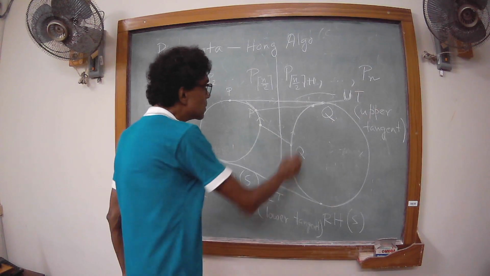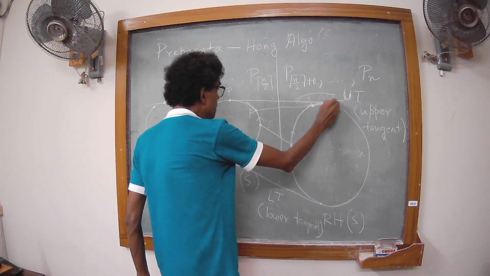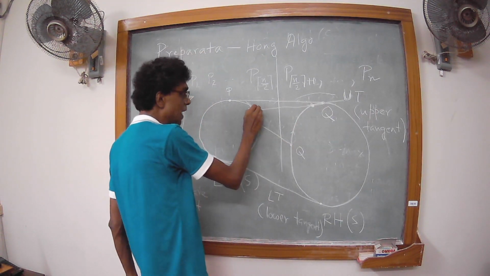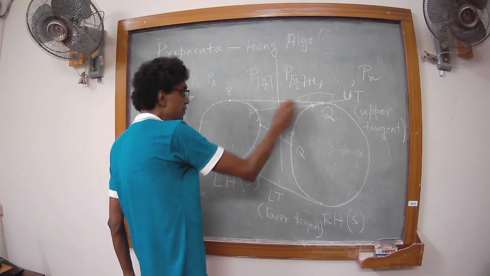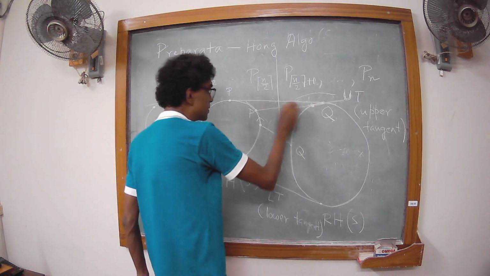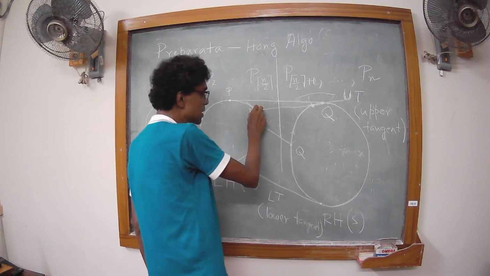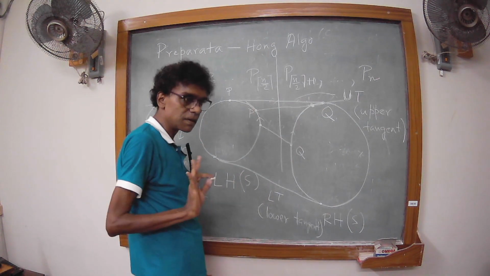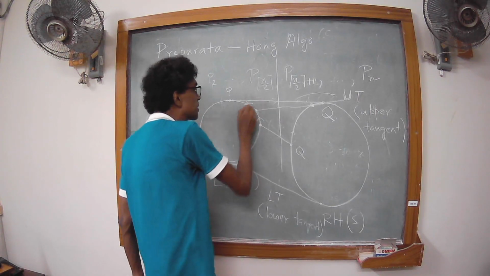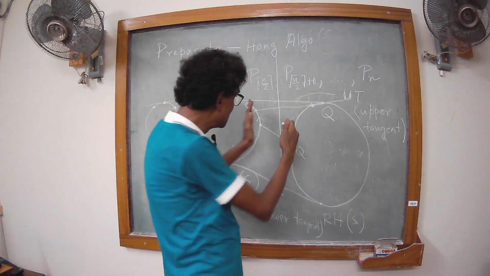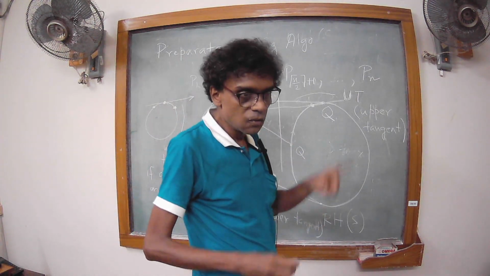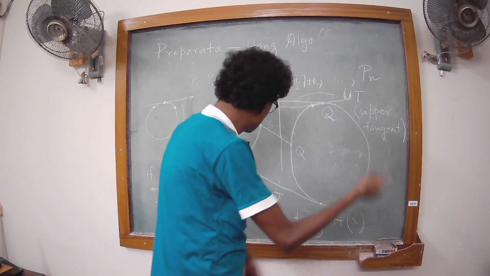Okay. So, once I reach the point of tangency, I look at P again. If this is a common upper tangent, there is an upper tangent achieved here, but now I see it is no longer a tangent. So, I will keep on moving this, okay, until it becomes an upper tangent. So, this process is repeated.